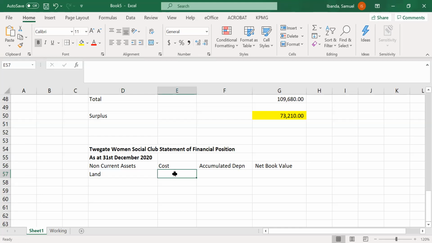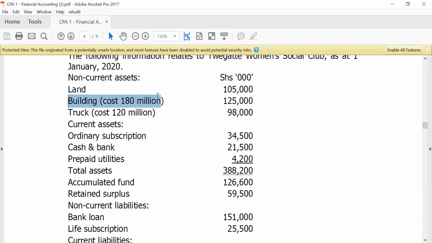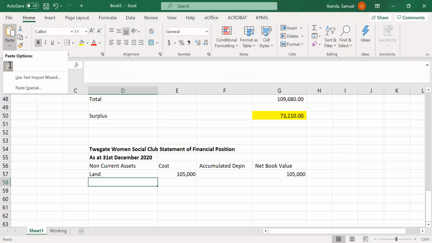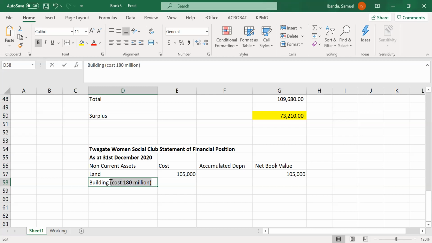This one has this cost, and this is its net book value. There is no depreciation at all. Then you go to the next item, which is building. Building has a cost of 180 million. Bring it here. This reminds me of the degree of precision. Make sure that these amounts are in thousands.